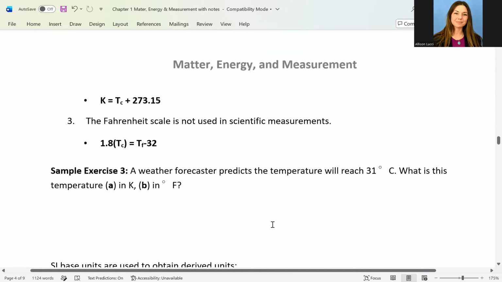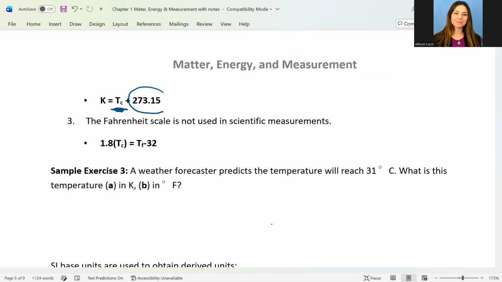So if we wanted to convert between units, we could convert to Kelvin by taking the temperature in Celsius and then adding the same number to whatever that temperature in Celsius is, 273.15. So say we had 25 degrees Celsius or around room temperature. We added that 273.15, that standard conversion rate, we would end up with 298.15 Kelvin.